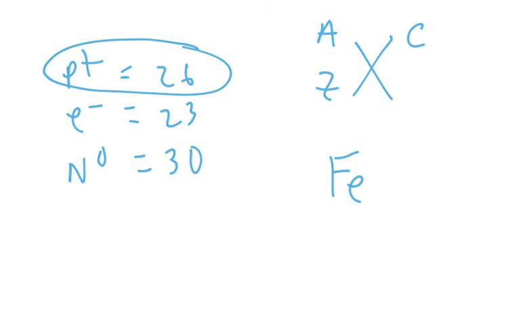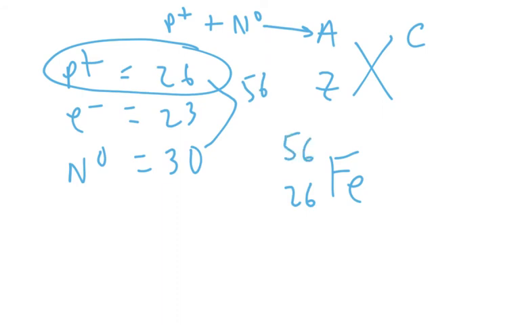Now remember, the atomic number also goes on the bottom. The next thing you might want to do is let's find out the top number. Let's find out the mass number. So remember that A can be found by adding the protons plus the neutrons, which is the mass number. So you add these 2 and you get 56. So that's the top number here.